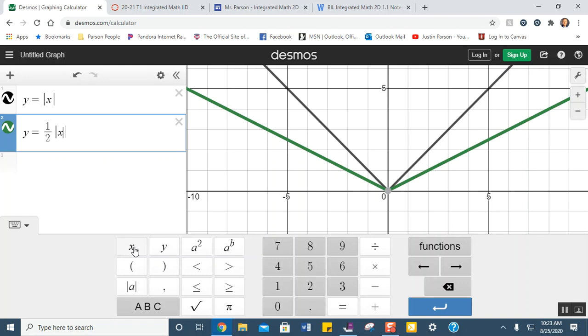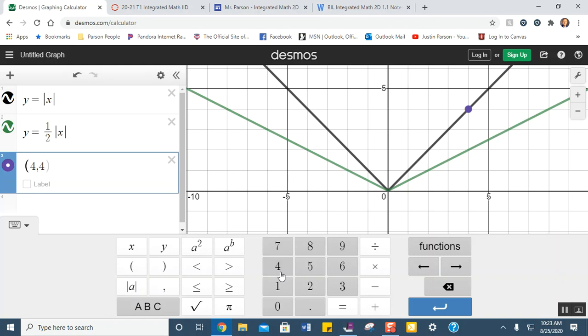we're going to say that this is a vertical shrink, meaning this. If I picked a point like, let's see, I'm going to put some points in here. One point that's on the absolute value of x is 4, 4. And there it is.